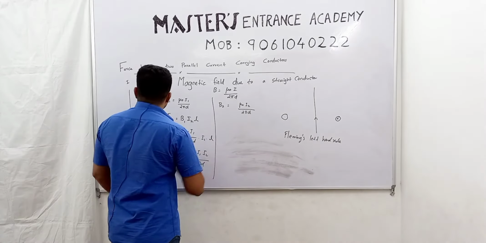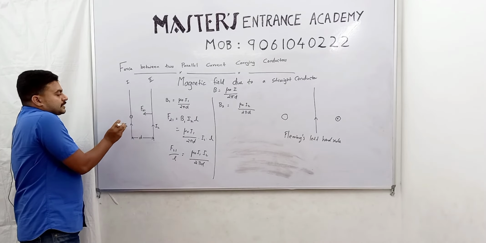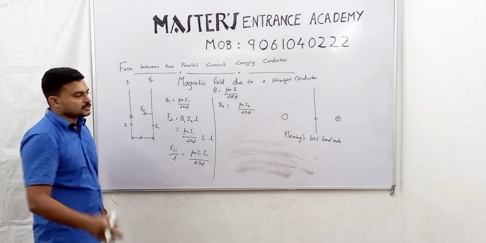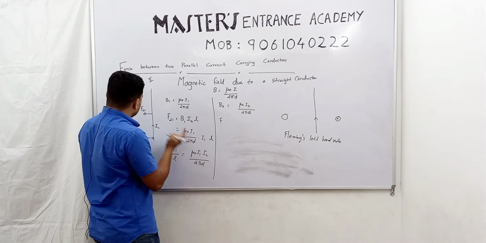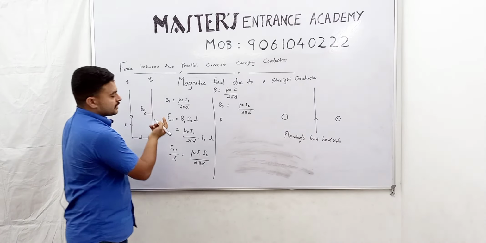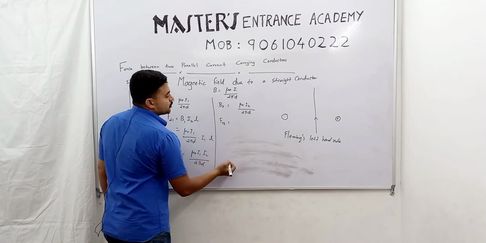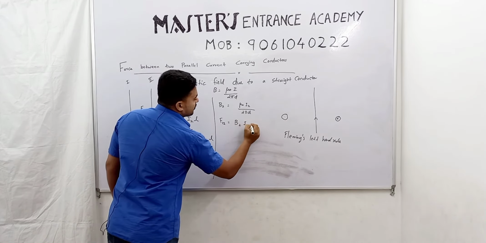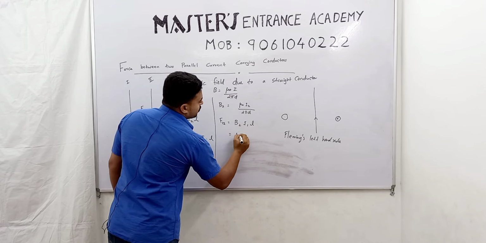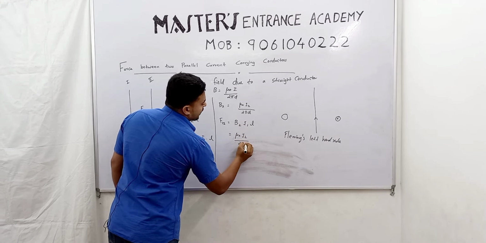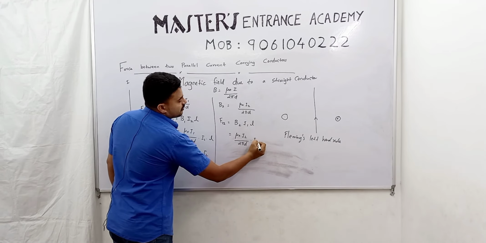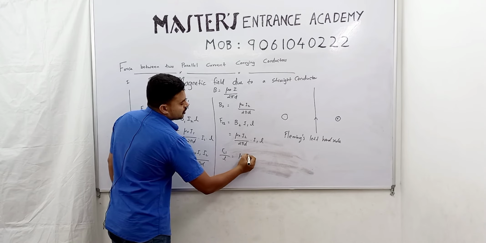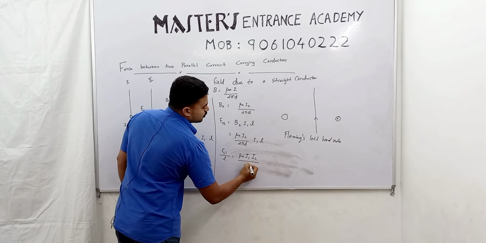This magnetic field is acting on the first conductor in this direction. Current is passing, so there is a force. That force is F12, the force acting on the first conductor due to the second conductor. F12 is equal to B2 I1 L, which is equal to mu naught I2 by 2 pi d into I1 into L, so F12 by L is equal to mu naught I1 I2 by 2 pi d.